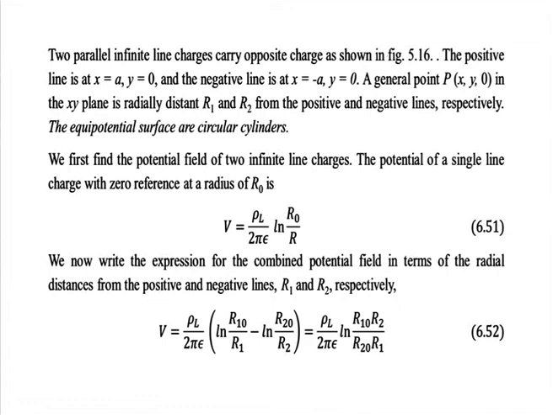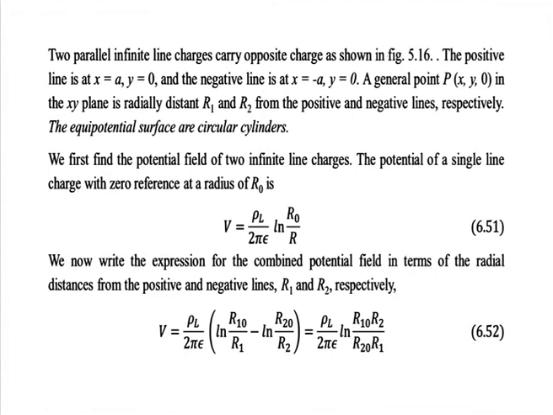The field point P in the xy plane is radially distant r1 and r2 from the positive and negative lines respectively. The equipotential surfaces are circular cylinders. We get a general value of potential given by equation 6.51, which is V equal to rho L upon 2 pi epsilon into logarithm of r naught by r.